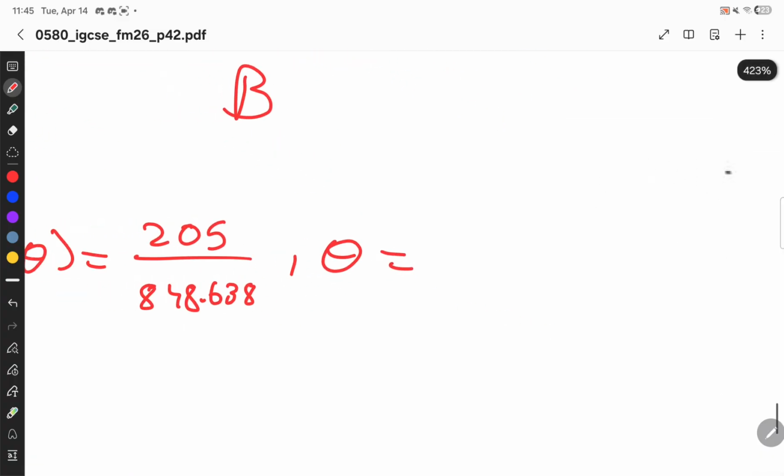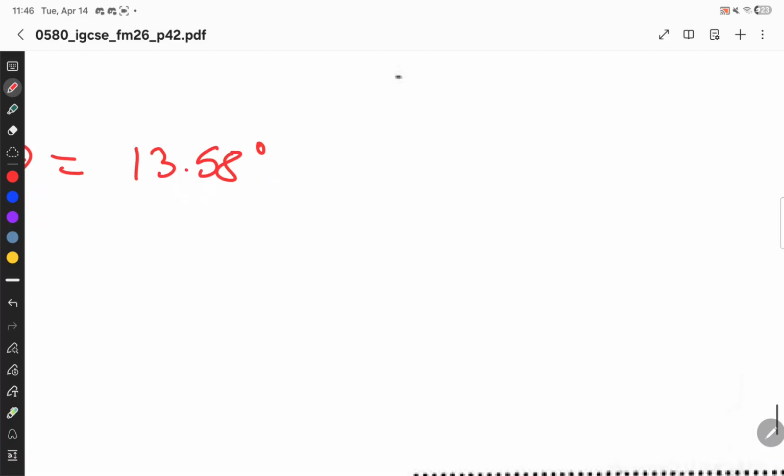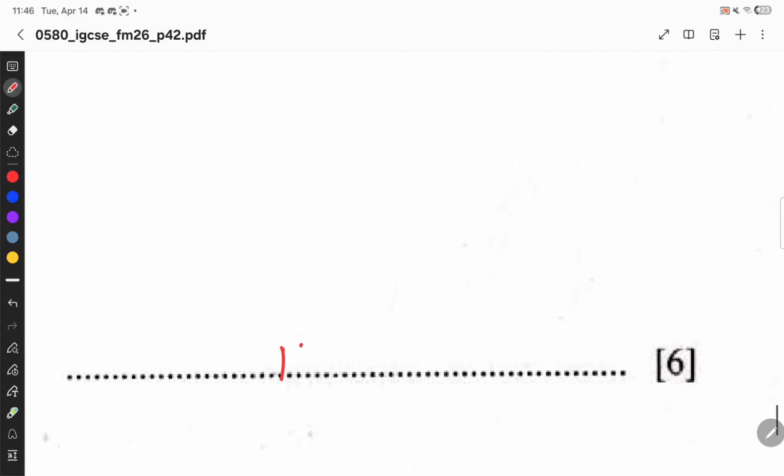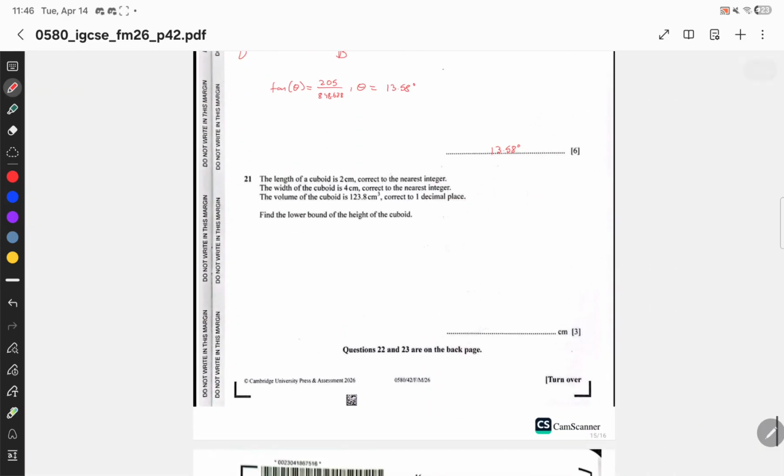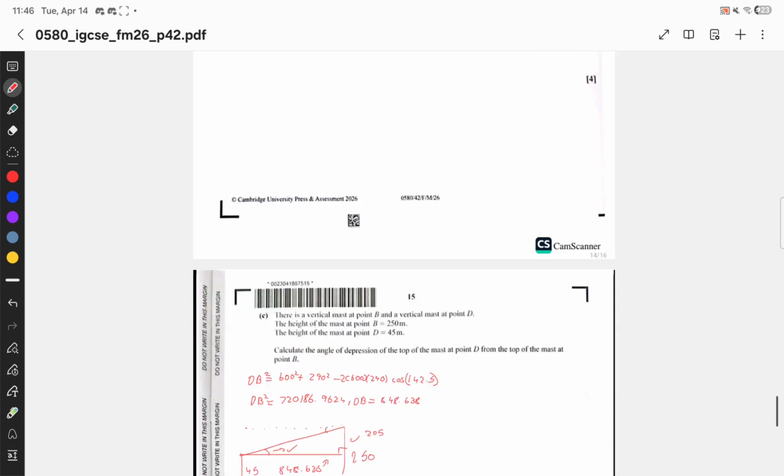Theta is equal to inverse tangent of 205 over 848.638, which is 13.58 degrees. There, I hope y'all can sleep tonight after I solve this.